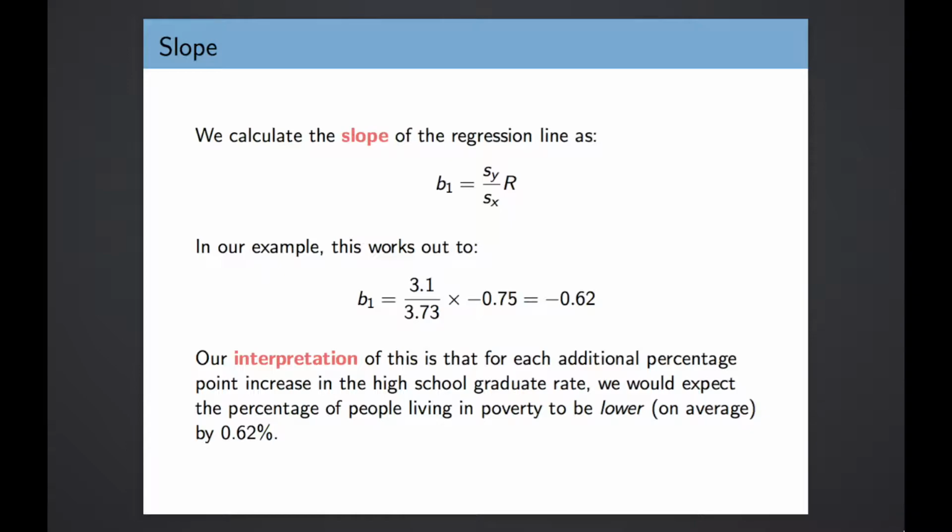So when the independent variable increases by 1 unit, in this case the units of the independent variable are percentage points, what happens to the predicted value of the dependent variable? In our particular example, because we found this slope of negative 0.62, we say that a 1% increase in the high school graduation rate is associated with a 0.62% decrease in the poverty rate.